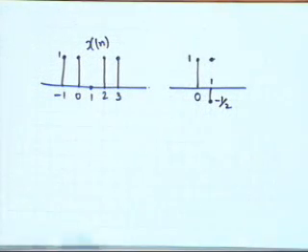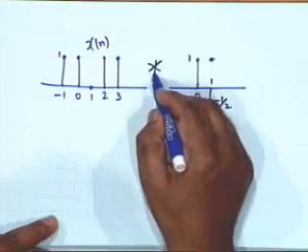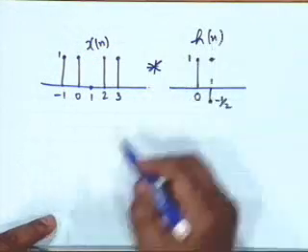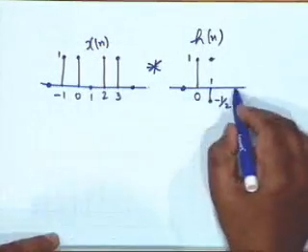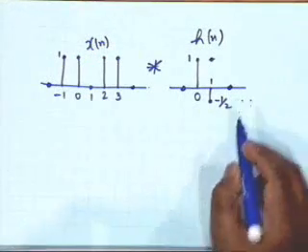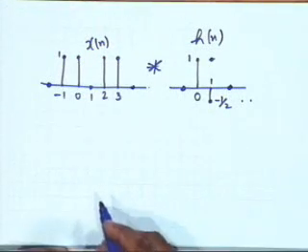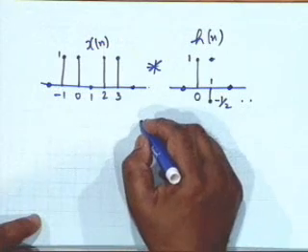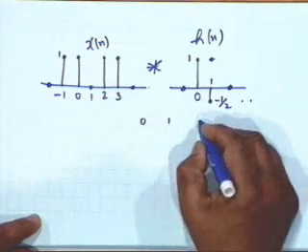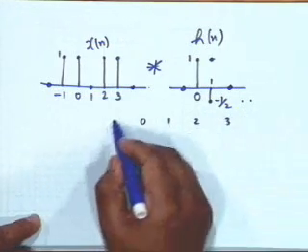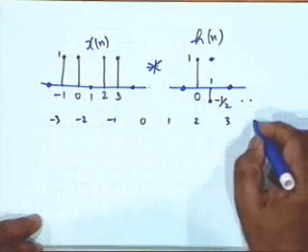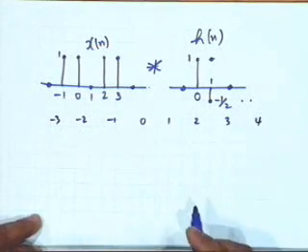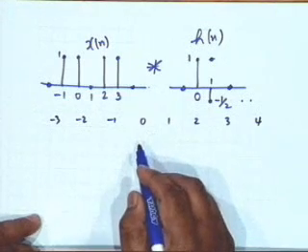All right. We have to convolve x of n with h of n. All other samples are 0. So what we do is we put values of 0, 1, 2, 3, -1, -2, -3, 4, and so on. We put x values first.